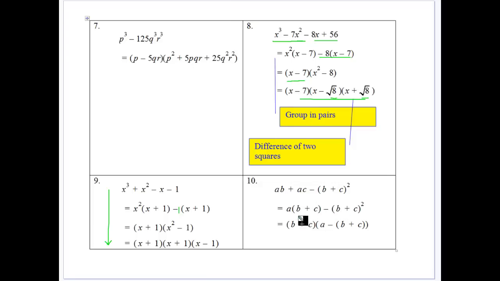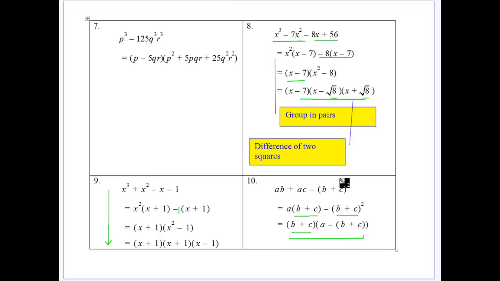And what's common here now is a(b plus c). So we're left with a(b plus c) there, factorising out, and then minus a(b plus c), because b plus c times b plus c will give us b plus c all squared. So that's a little bit tricky with that one, but that's the complete factorisation of that one there.